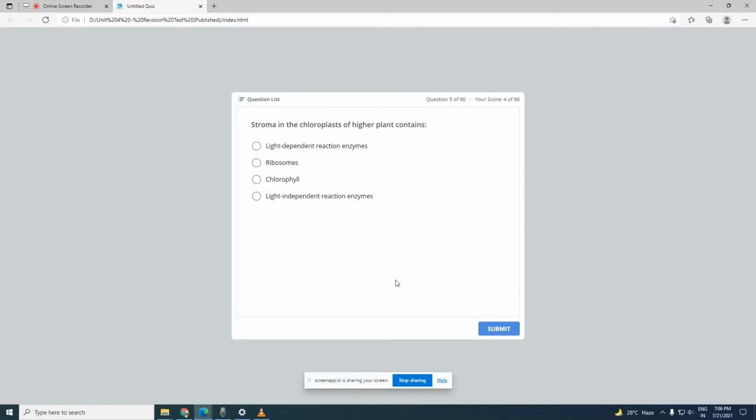Stroma in the chloroplast of higher plants consists of: light dependent reaction enzymes, ribosomes, chlorophyll, or light independent reaction enzymes.